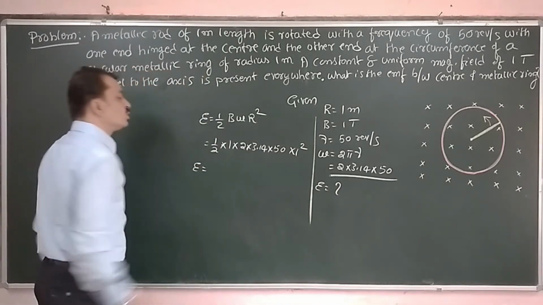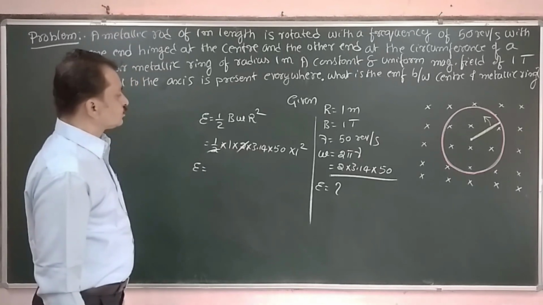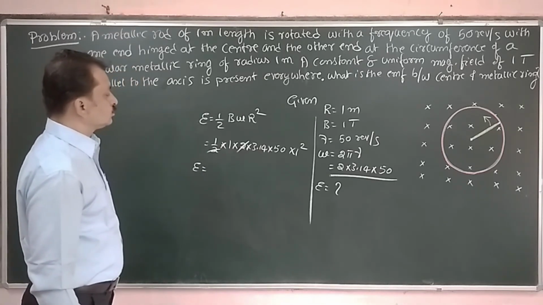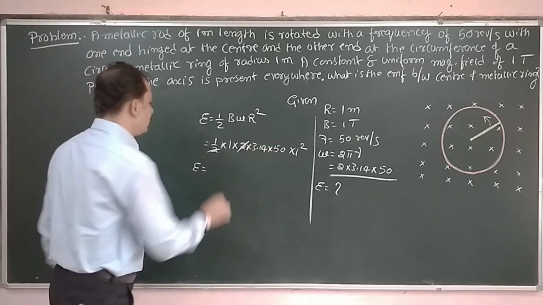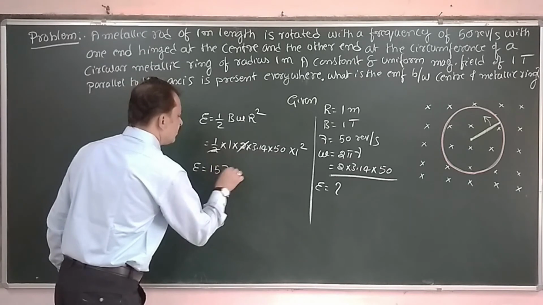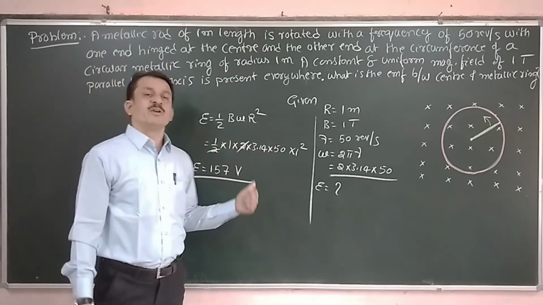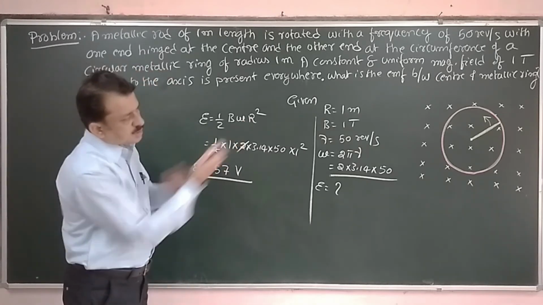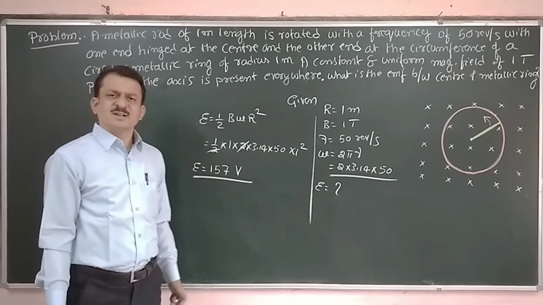Therefore EMF induced is, now 2 gets cancelled. So 3.14 into 50, it is 157 volts. Now this amount of EMF is induced across the ends of the rod. Very simple problem.